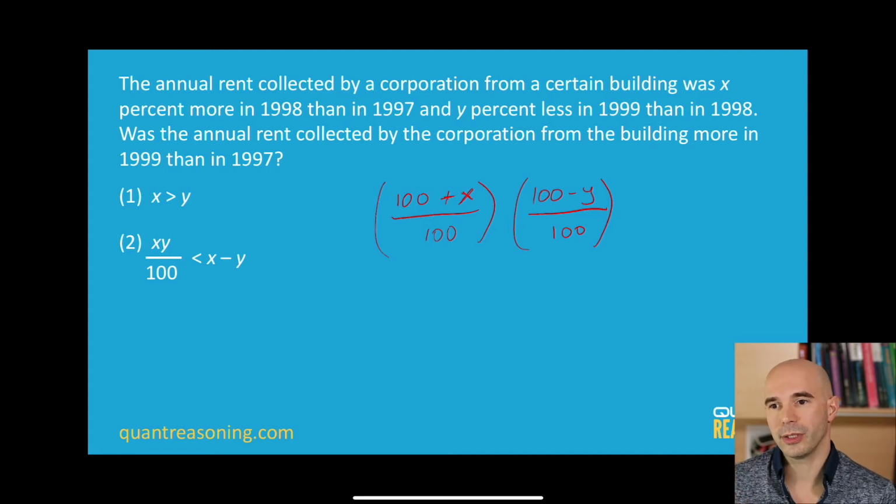And the question wants to know, was the rent after these two change factors were applied greater than before they were applied? So you need to ask yourself, under what circumstances would multiplying by that make you bigger?